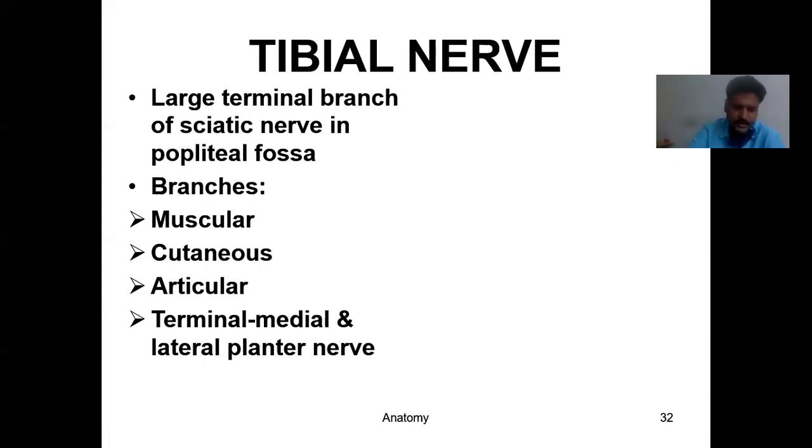The nerve to popliteus not only supplies the muscle popliteus, it also supplies the superior and inferior tibiofibular joints, the interosseous membrane, the tibia bone, and also gives a twig to the tibialis posterior. These are all the structures supplied by the nerve to popliteus, a muscular branch from the tibial nerve. Hope all of you have seen the nerve to popliteus in the popliteal fossa dissection class.